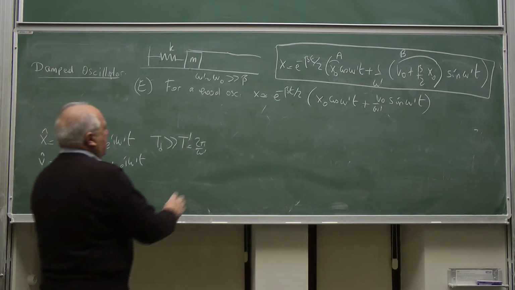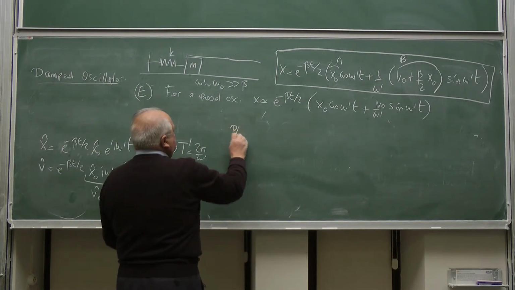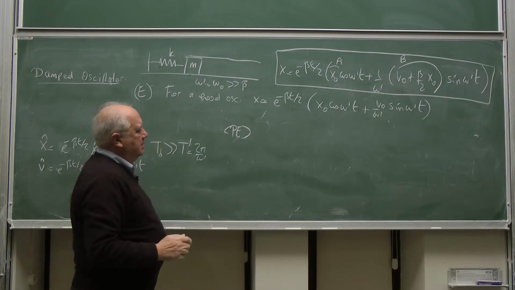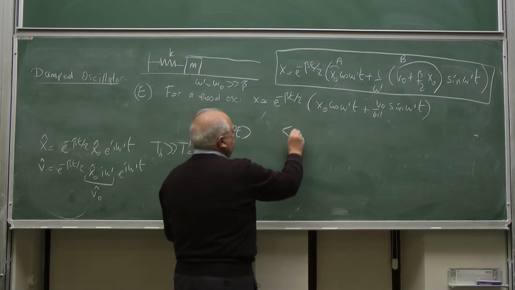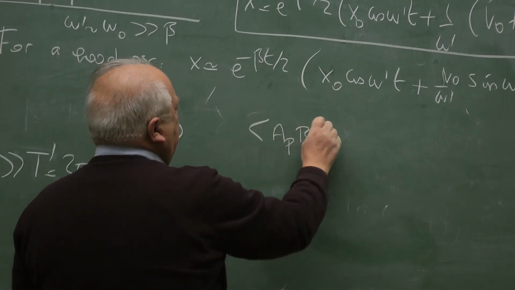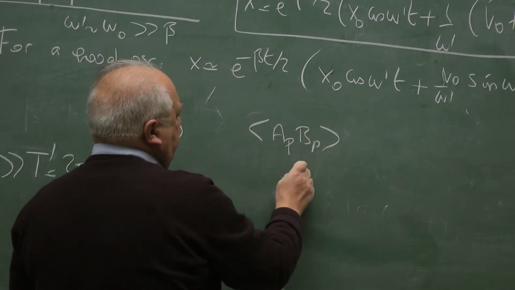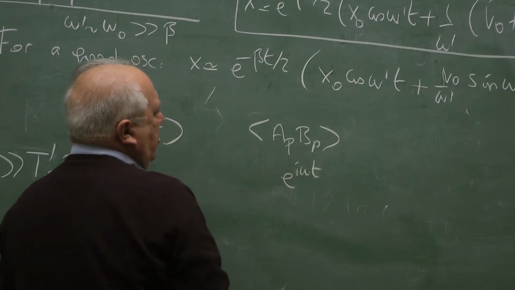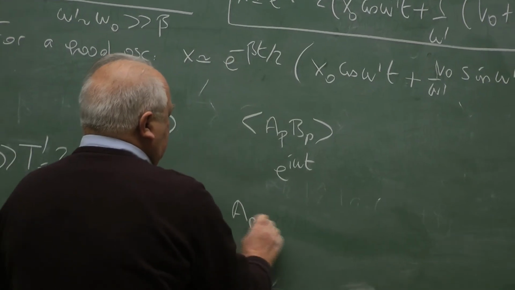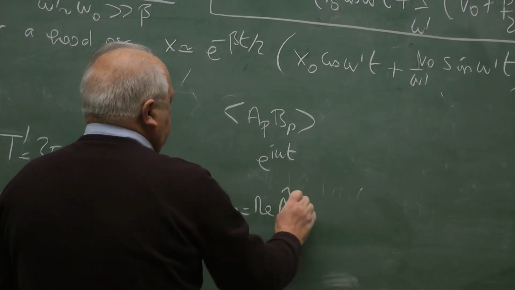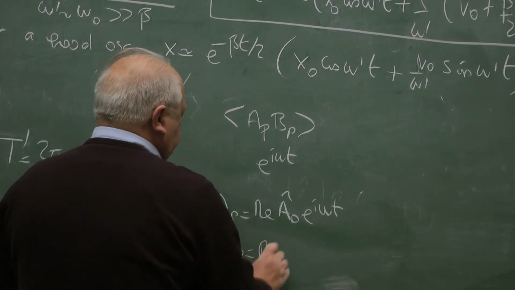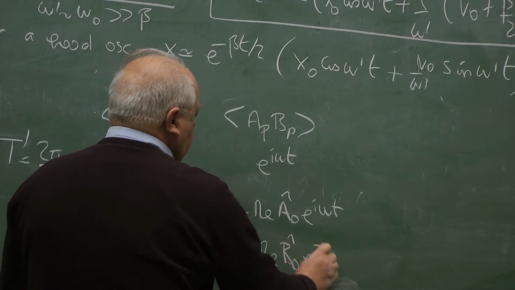Now let me calculate the potential energy average. But let me remind you before I do it this beautiful relation. If you have two physical quantities, A physical and B physical, each varying with time with a phasor e to the i omega t, then you can represent A physical as the real part of A0 e to the i omega t, and B physical as the real part of B0 e to the i omega t.